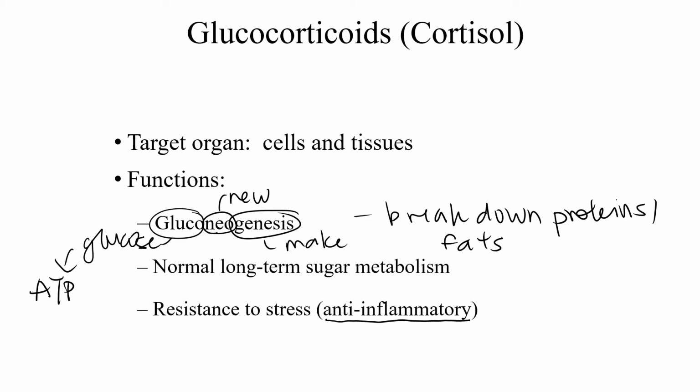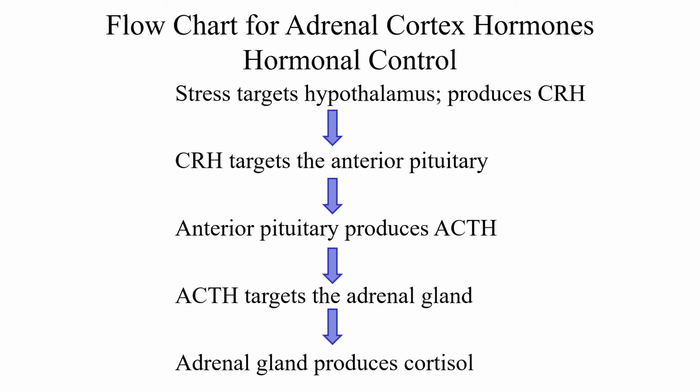We know that stress can also encourage cortisol release, and it starts with the hypothalamus producing corticotropin releasing hormone. And of course, the anterior pituitary then responds by producing adrenocorticotropic hormone, or ACTH.